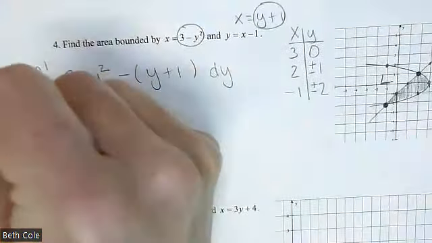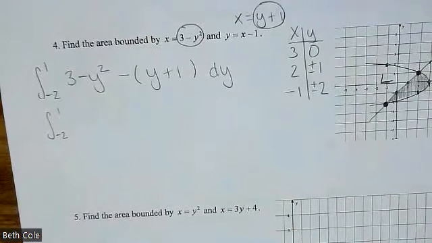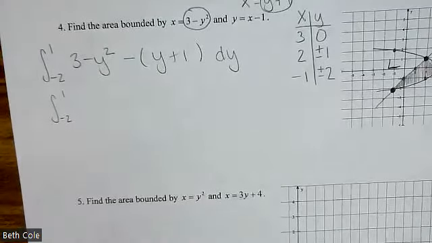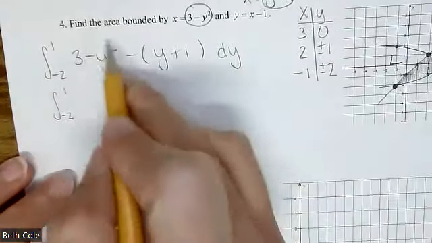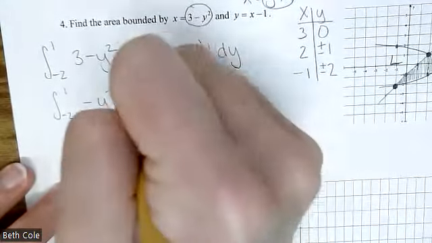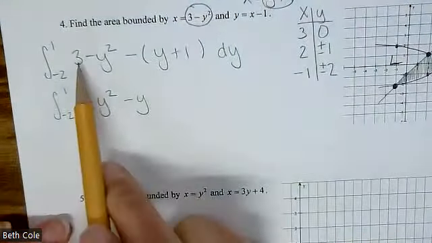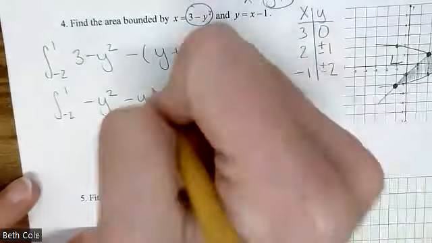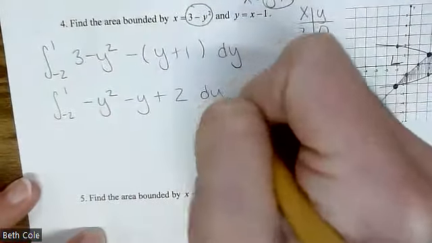Okay, so let's go ahead and sift through that before we actually do the problem, and I'll put it in descending order for you. It'll be negative y squared minus y, and then we would have 3 minus 1, so plus 2 dy.